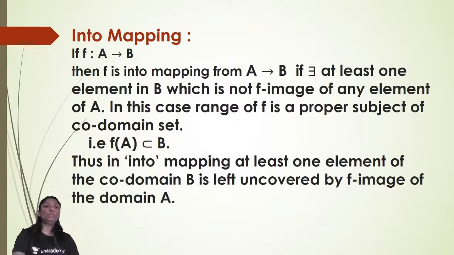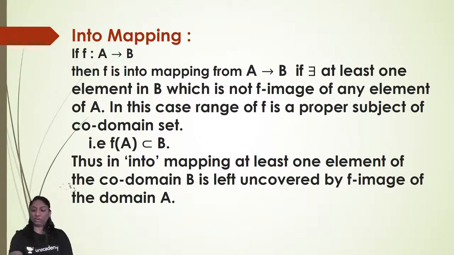Next, into mapping. Into mapping means if f is defined from A to B, then f is an into mapping from A to B if there exists at least one element in B which is not the f image of any element of A. In this case, the range of F is a proper subset of the codomain.